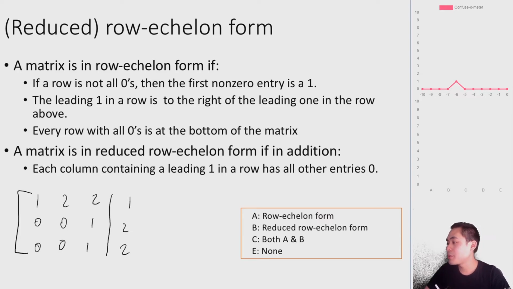The answer to Sam's question, can the leading one in the row be 2 spaces to the right? Yes, it can. But what is this? Is this in row echelon form, reduced row echelon form, both A and B, or none of the above?